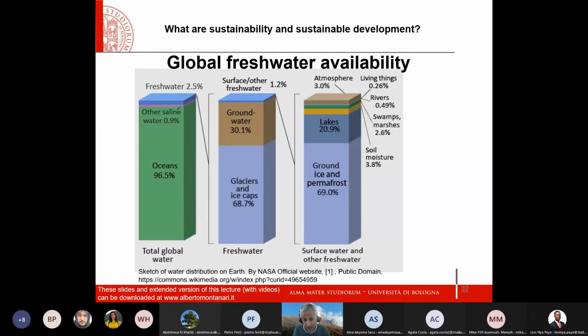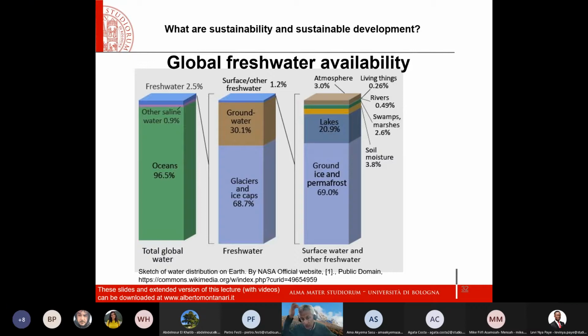So ground ice and permafrost takes more than 2/3 of the 1.2%, which is 1.2% of the 2.5% of fresh water. Now, we have lakes that are placed above the ground ice and permafrost. They account for 21%. And then you see soil moisture, 3.8%. You see swamps, marshes, 2.6%.